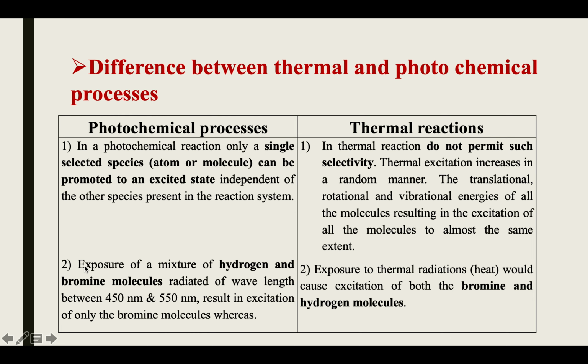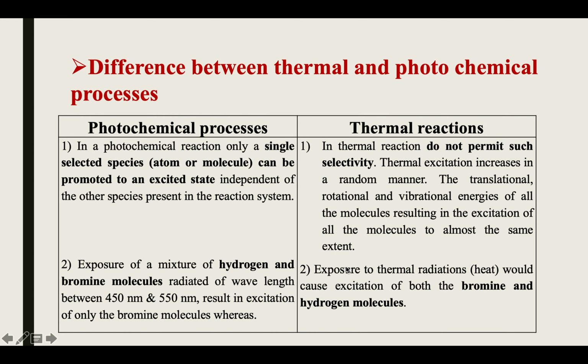For example, exposure of a mixture of hydrogen and bromine molecules to radiation of wavelength between 450 nanometer and 550 nanometer results in excitation of only the bromine molecules. What happens with a thermal reaction?